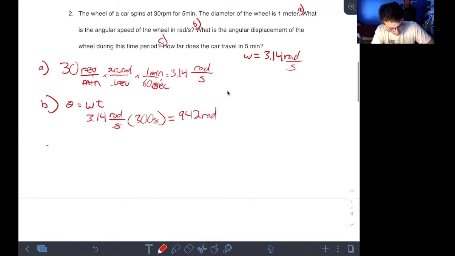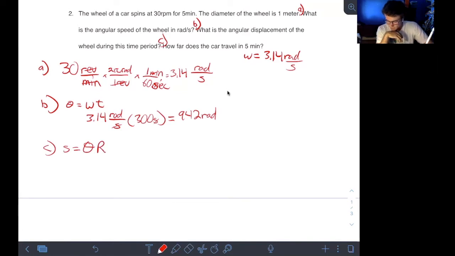Part C: how far does the car travel? Now that we have the angular displacement, we want to see how far it travels. We have this equation: s equals angular displacement times the radius of the wheel.